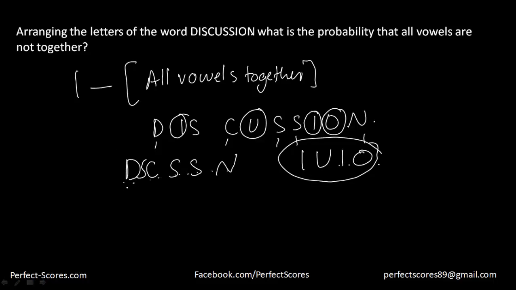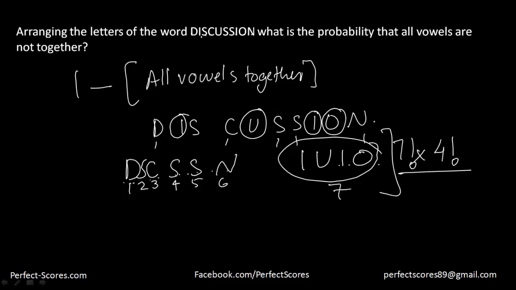So how many different items are there? 1, 2, 3, 4, 5, 6, and 7. In how many ways can these 7 arrange themselves? 7 factorial ways. And how many ways can these 4 vowels arrange themselves? 4 factorial ways. But I'm now going to take care of the repetitions.